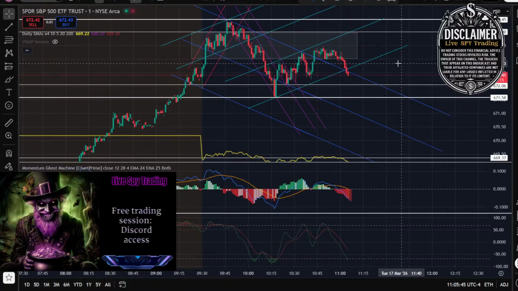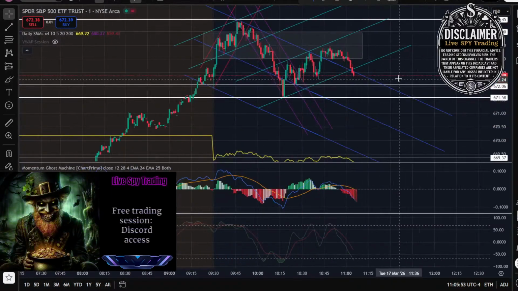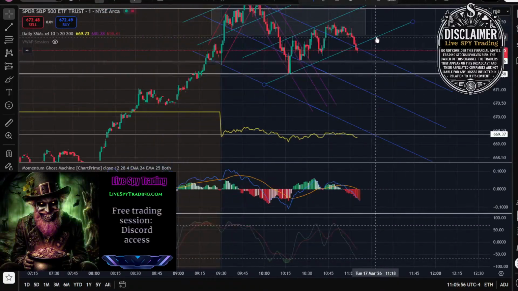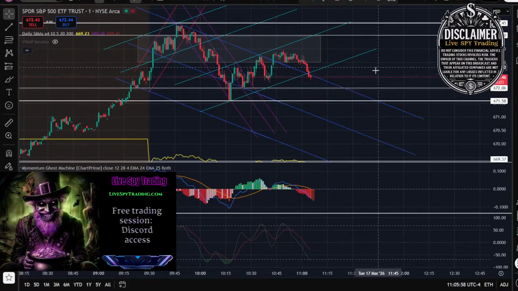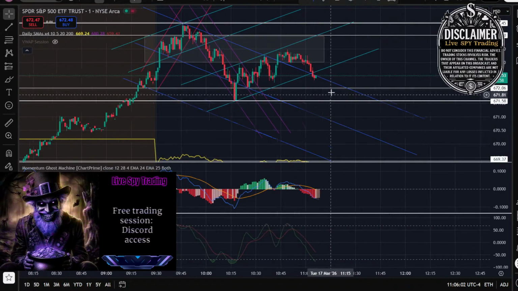All right, for the put side, let's see what this teal has. Okay, they broke this blue. Lower day at 71.58.